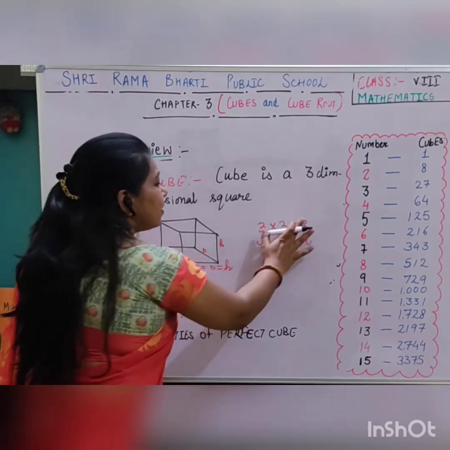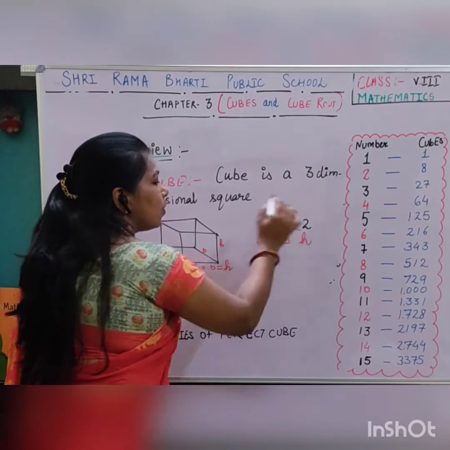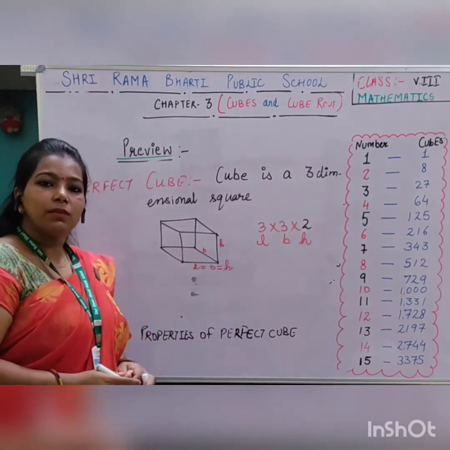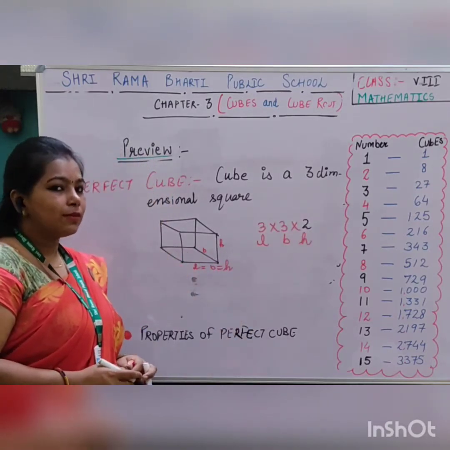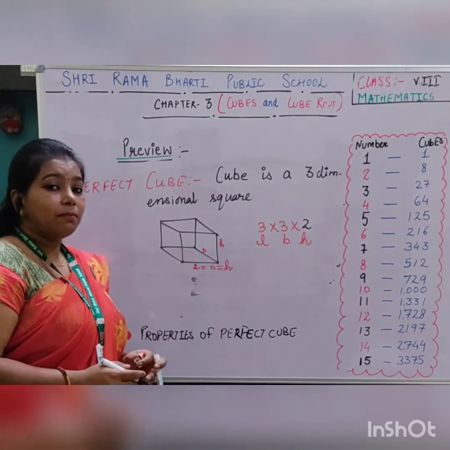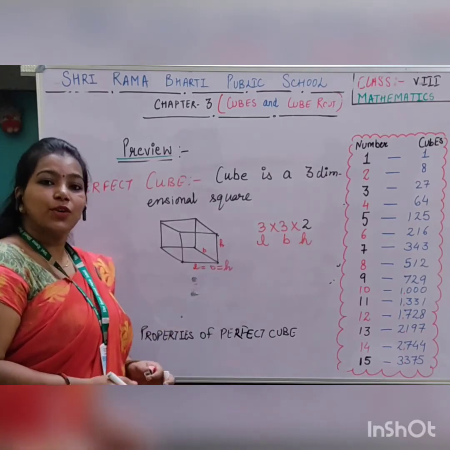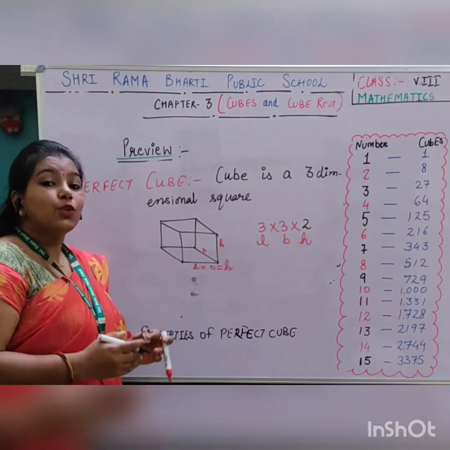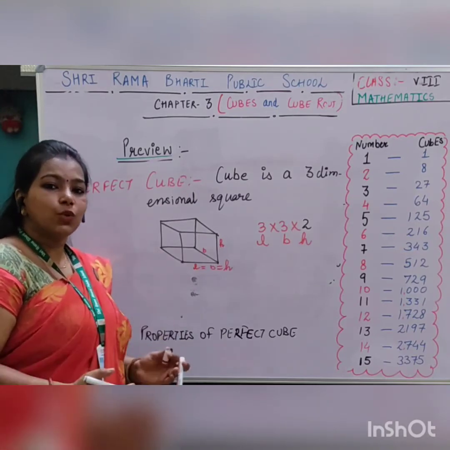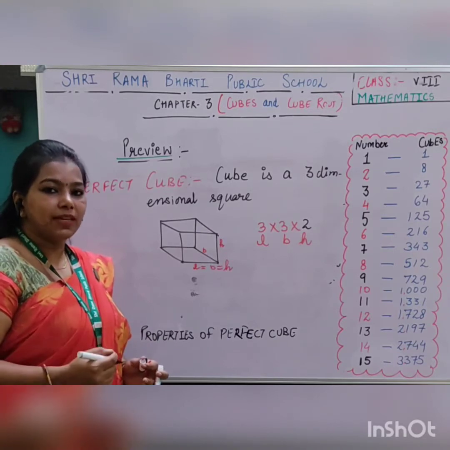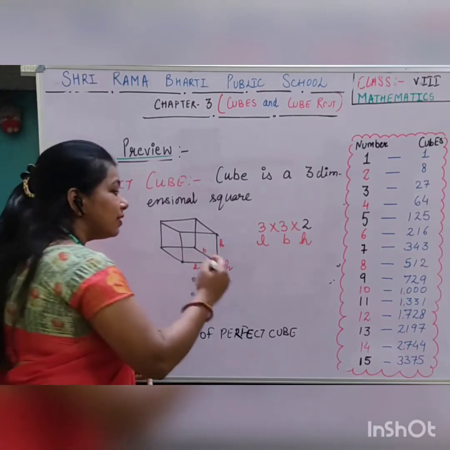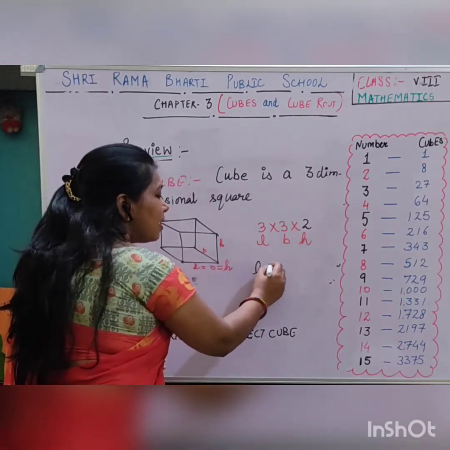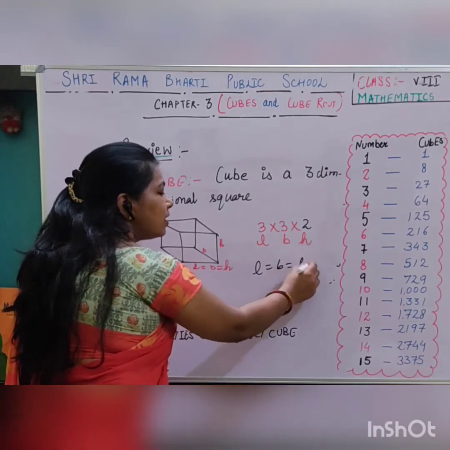But if the height is 2, is it possible to form a cube? No, it is not possible because it will form a cuboid. So with this example, it is clear that to form a perfect cube, we need a triplet. The edges have to be length equals breadth equals height.